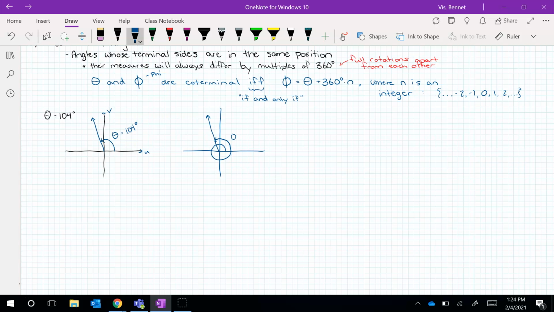That could be my angle phi. That Greek letter phi would be 464 degrees. And I know that these are coterminal because 464 degrees is 104 degrees plus 360 times a multiple of, in this case, just one. It's one full rotation past the 104, one multiple of 360 away from that 104 degrees.